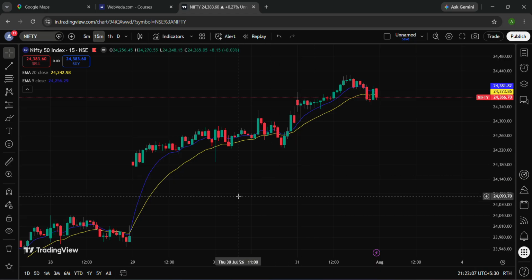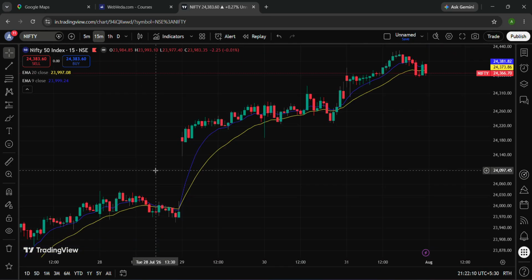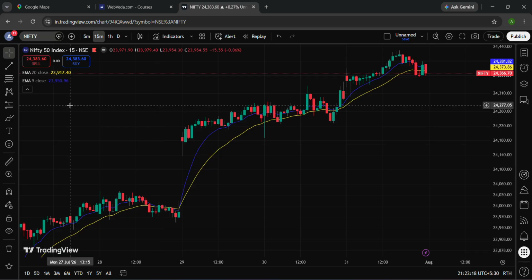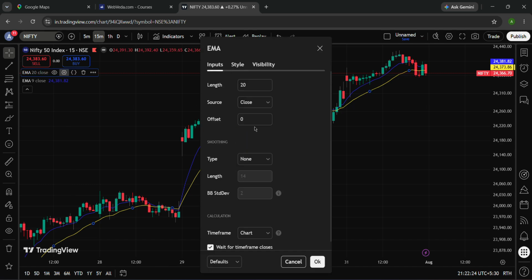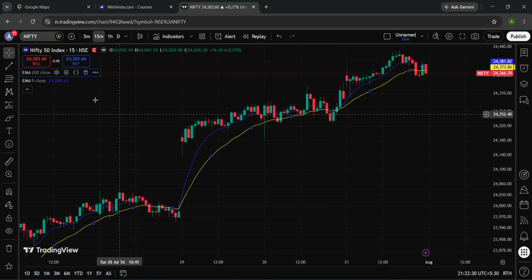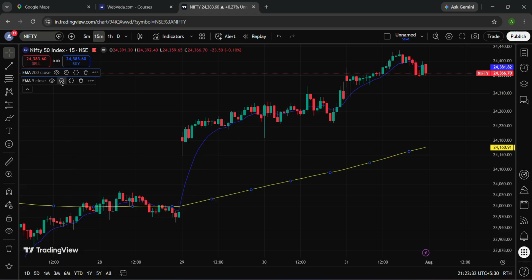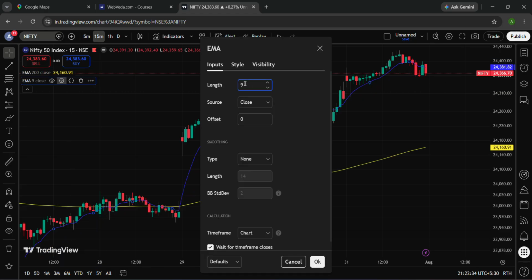One of the most important things for swing traders and intraday traders also is called the golden ratio. If you search about it on Google, you will find that it is basically the crossover of the 200 length and the 50 length EMA.